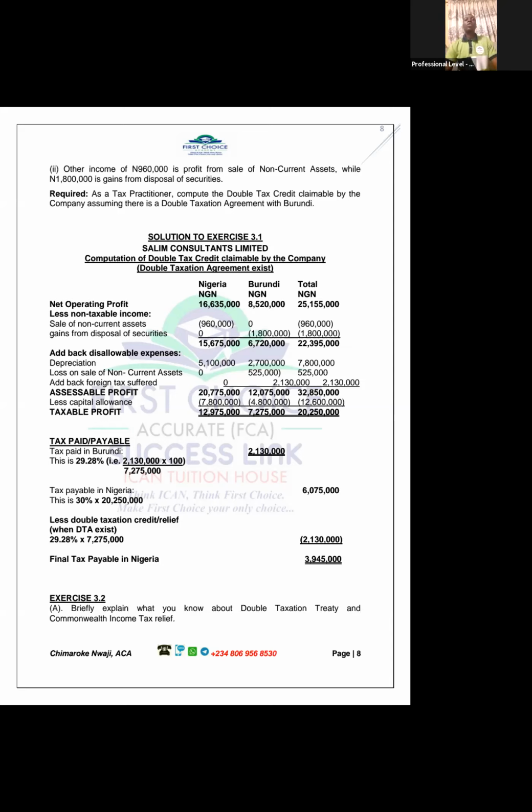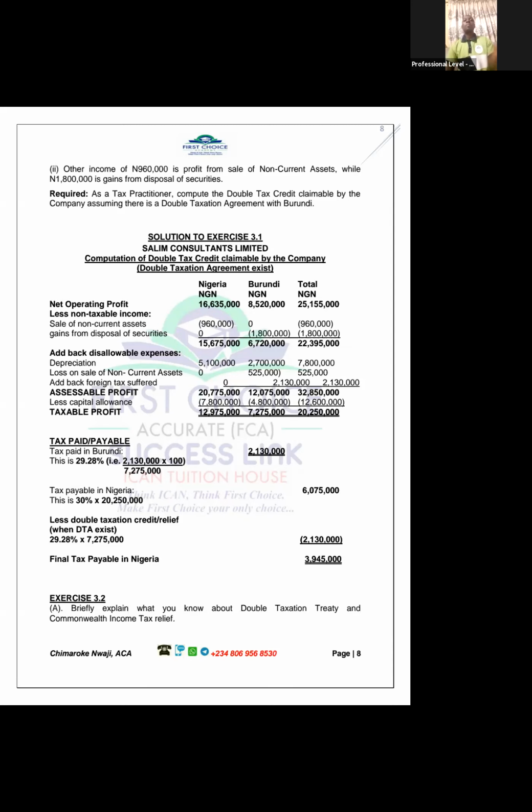So if you look at 29.28 approximately multiplied by 7,275,000, you're going to get that 2,130,000 that was the tax paid. So that's the technique you use in getting your percentage of tax paid in Burundi.